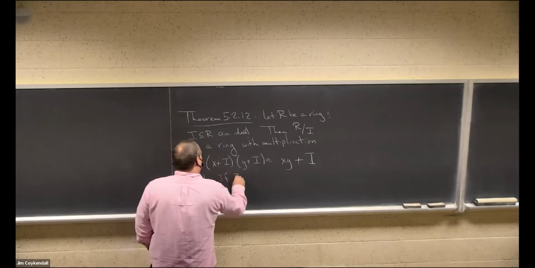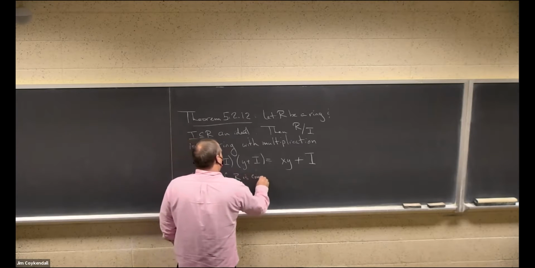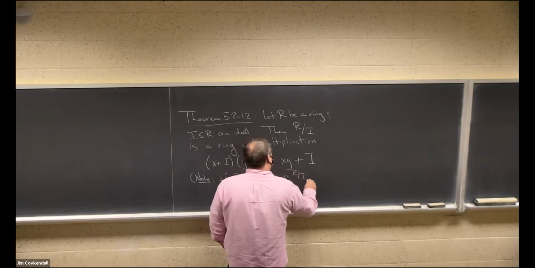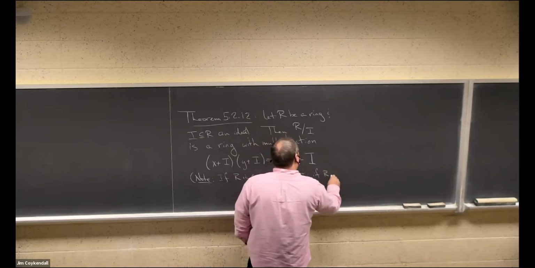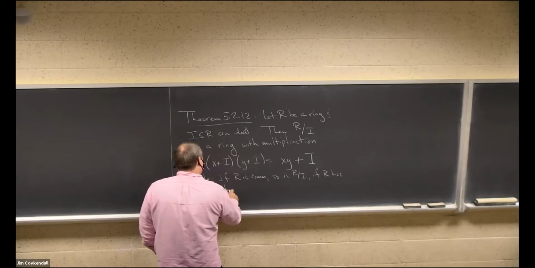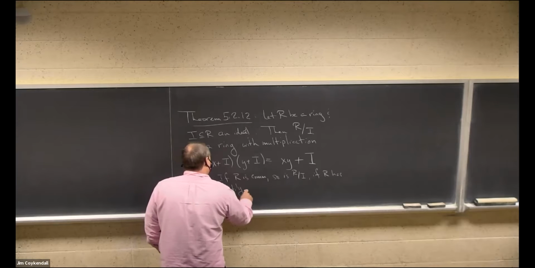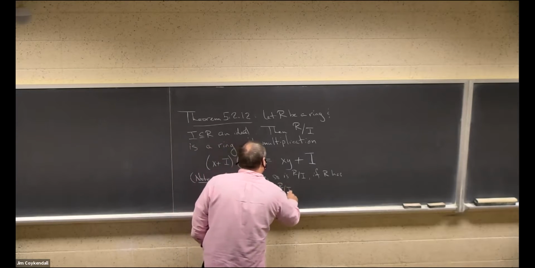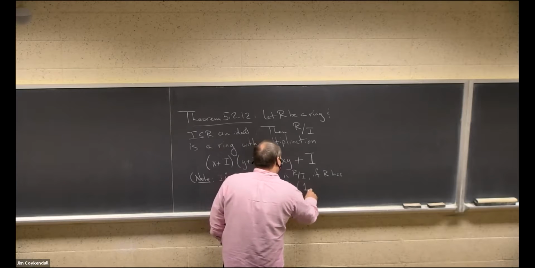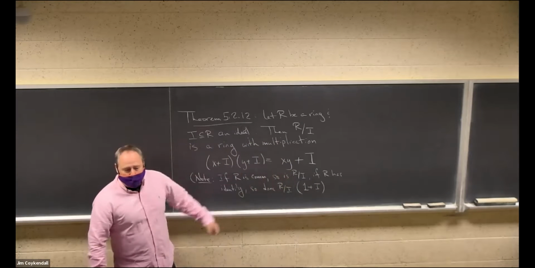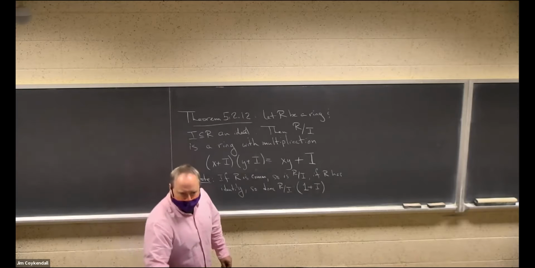Yeah, R is commutative. So it's R mod I. Or R has identity. So does R mod I. And the identity here would be the coset 1 plus I. As you can see by this rule, that's the way the multiplication will work.